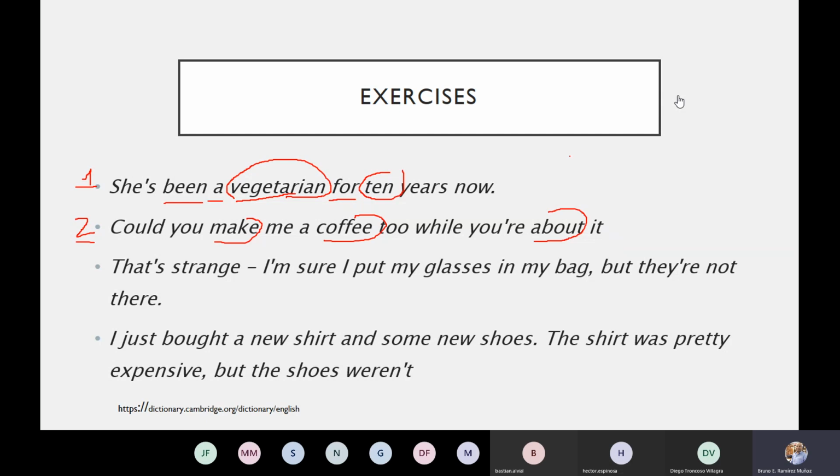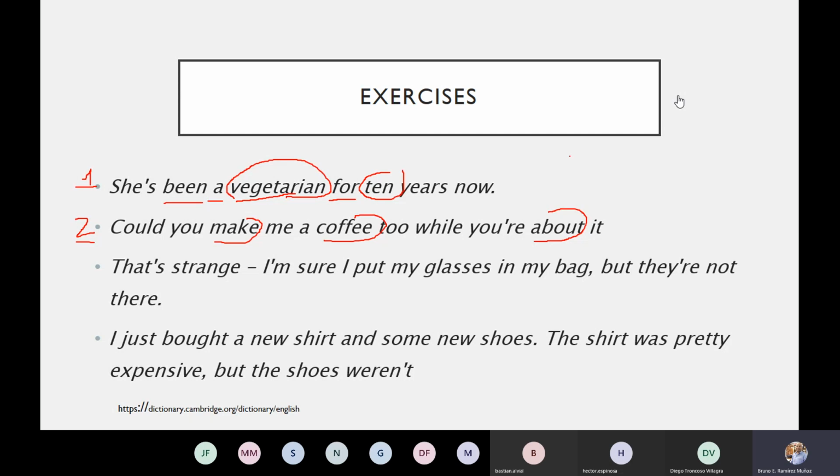The contractions I'm for I am, or it's for it is, or we've for we have, or they're for they are, etc., are not considered weak forms but contractions.